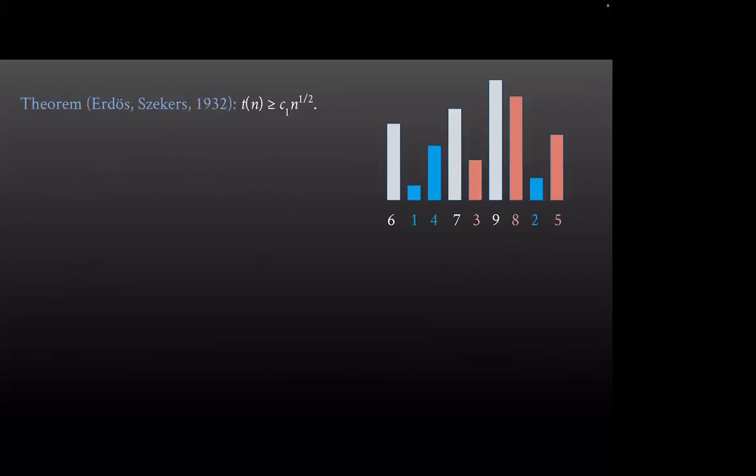So first easy observation is that every permutation of length n contains twins of size square root of n, roughly. And this follows from the quite famous and quite fundamental result by Erdős and Szekeres, which just says that every permutation of that length contains a monotone subsequence of size square root of n.